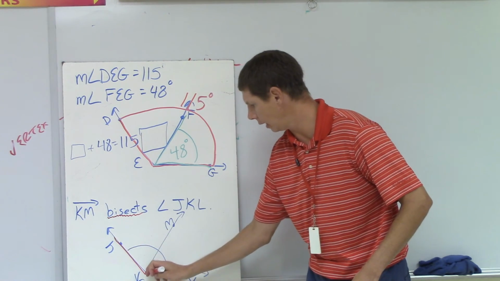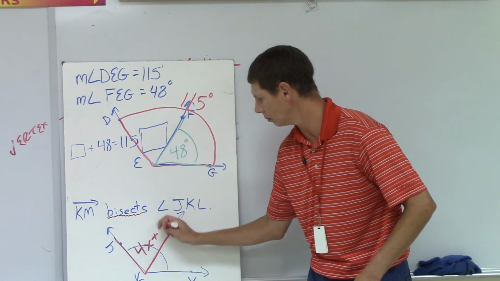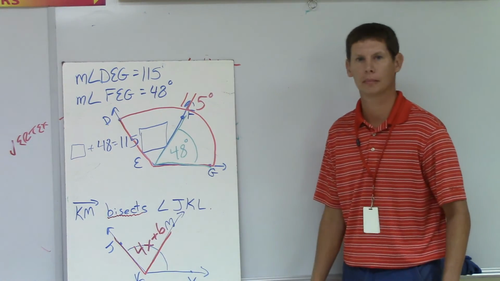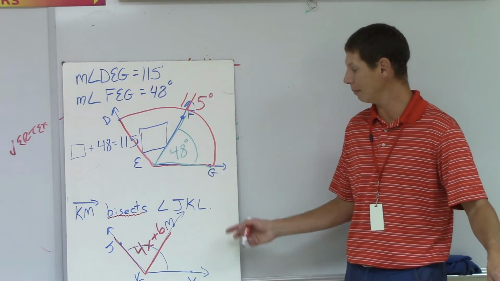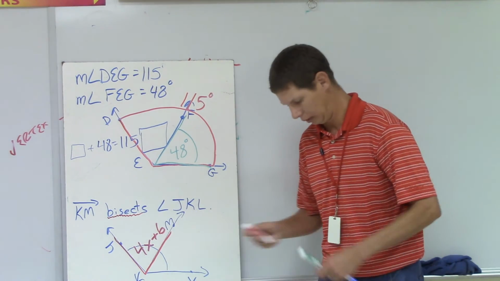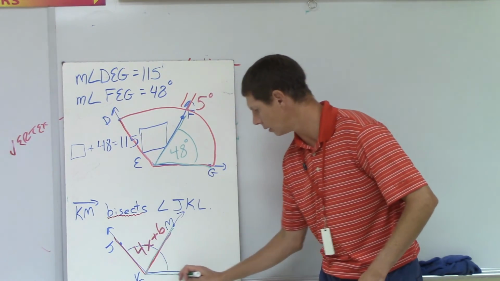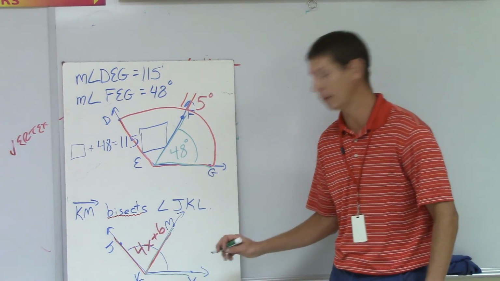J, K, M, 4x plus 6. When they tell us that M to K to L is 7x minus 12, we can pop that in there. M to K to L is our 7x minus 12.